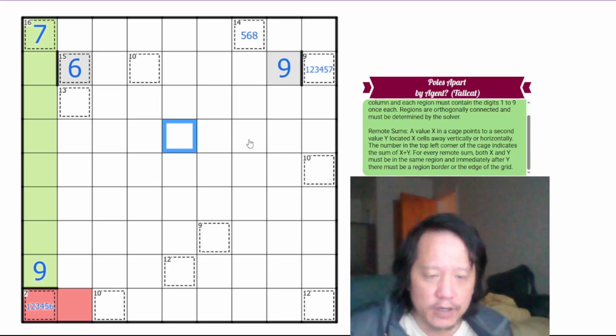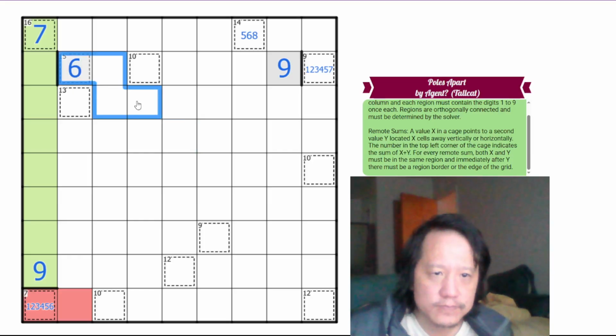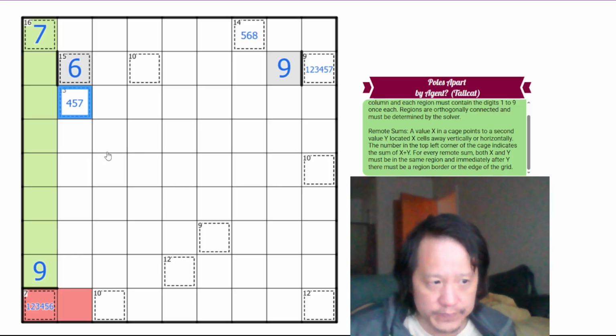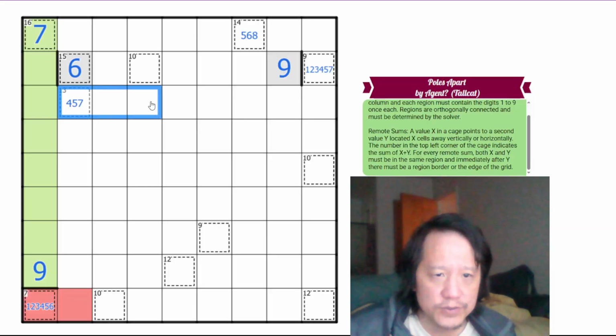What else do we have? 13 can be, we can go 1, 2, 3, 4, 5, 6, 7 away. So it's up to 7. So it's 4, 5, or 7 here. If we go 7, it would be 1, 2, 3, 4, 5, 6, 7, 8.